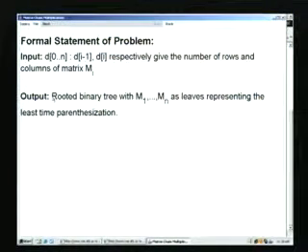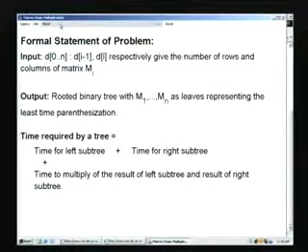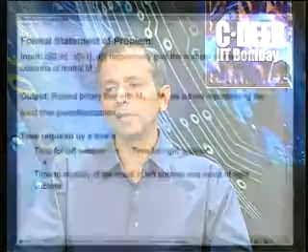Our output is supposed to be a rooted binary tree with M1 to Mn as leaves, and this whole thing should give us the least time for computing the product. Let me now state again that if you give me a tree, I can estimate the time required for the tree, and the algorithm here is fairly straightforward.